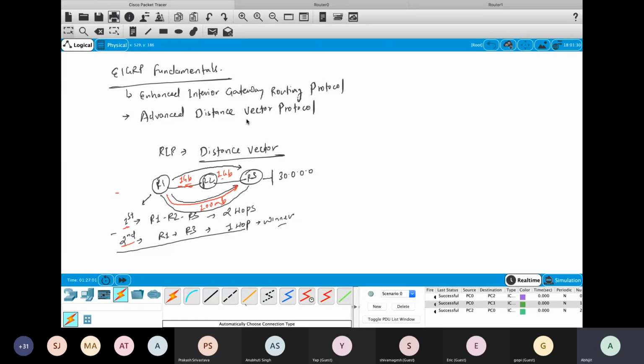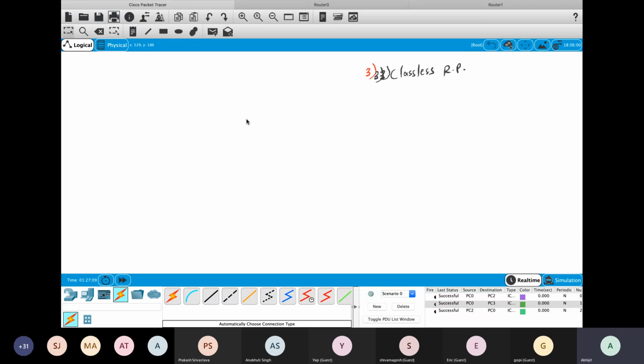So it supports classless behavior. Makes sense? Which means you can advertise your network of /24, or /27, or /28, or something else as well.